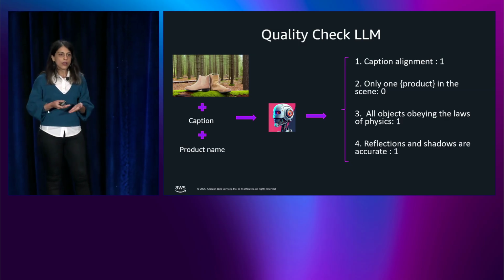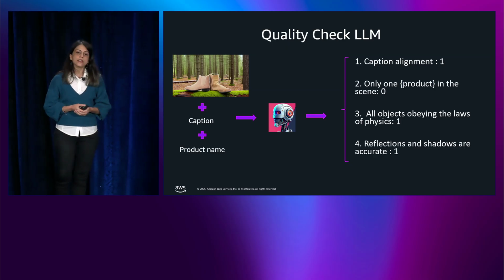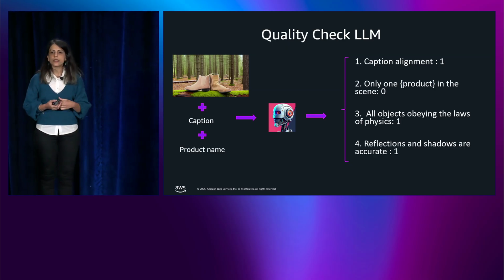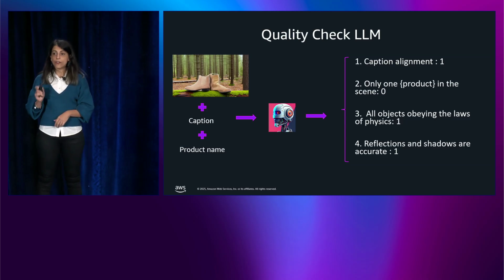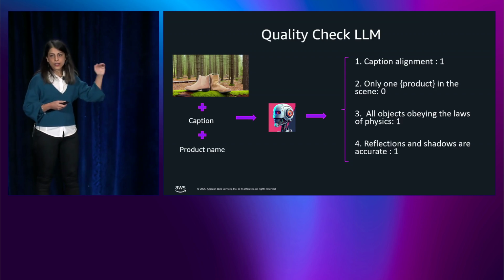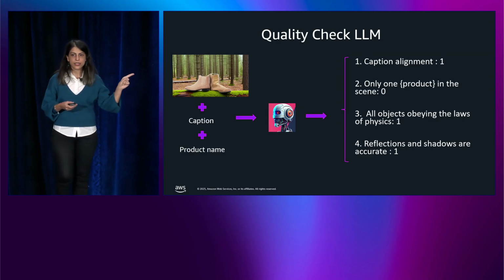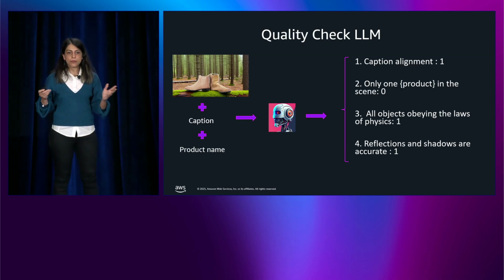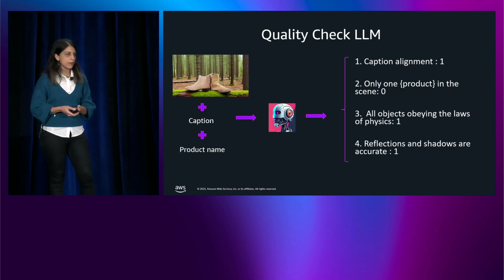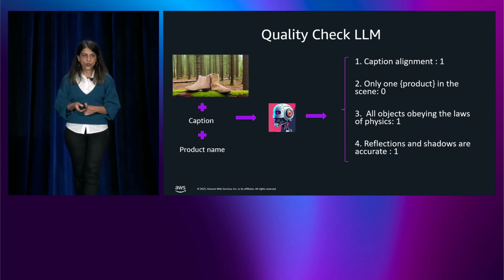There are some baseline guidelines, and these are the failure modes that you can see in your image generator. Each image generator can have their own failure modes, and that's something that you can figure out when you work with that image generator. And based on that, you can add these guidelines for Nova Pro to figure out, oh, this is a failure mode. I'm not gonna pass this image. But then also, marketing images and brands have their own guidelines. Maybe you have a specific color palette that you're looking for.